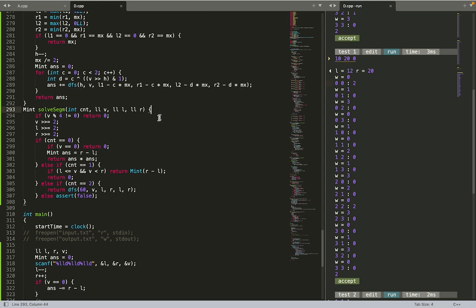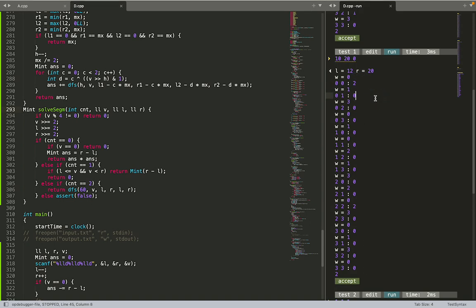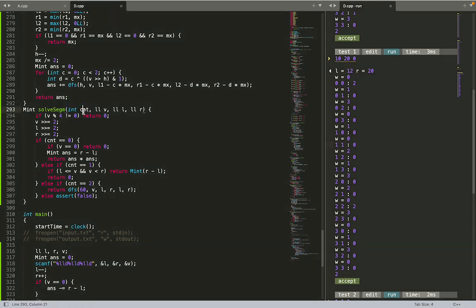Oh no, yeah, that is correct. This is not correct. Should call solve segment 0, 0, 12, 20.